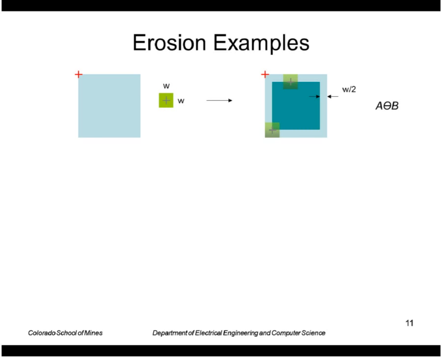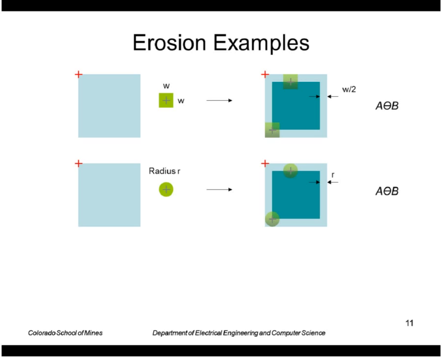So the erosion of A by B is just this darker gray area inside the original large area. That's because only those places are completely inside the original area. For example, this location of this square is completely inside the original set A, so I can output a 1 there. But if I go any further outside, away from the center, I have to output a 0.